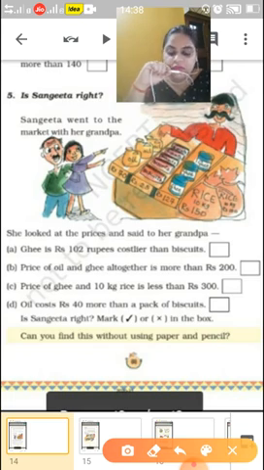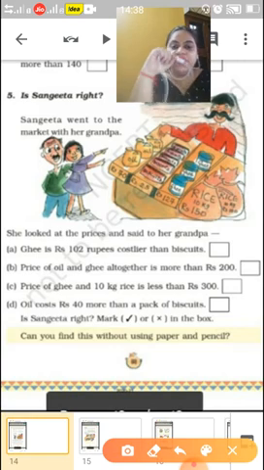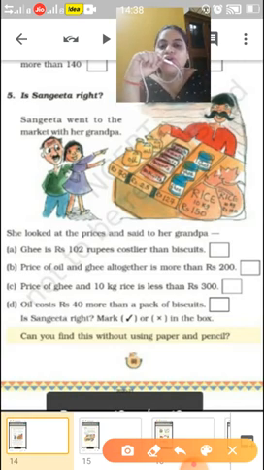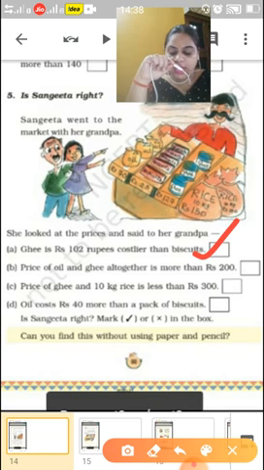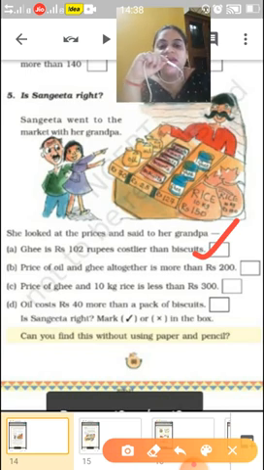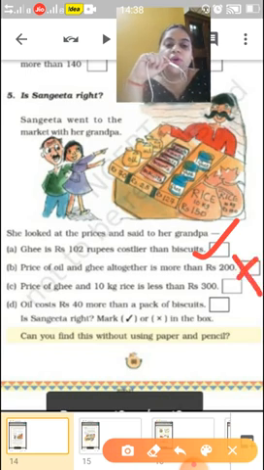Ghee is 102 rupees costlier than biscuit. So you have to write right or wrong. So this is right. Price of oil and ghee all together is more than 200. No. So your answer here will come cross.